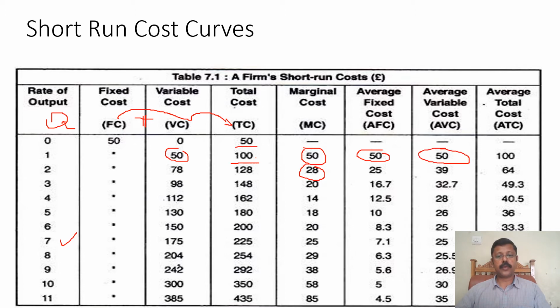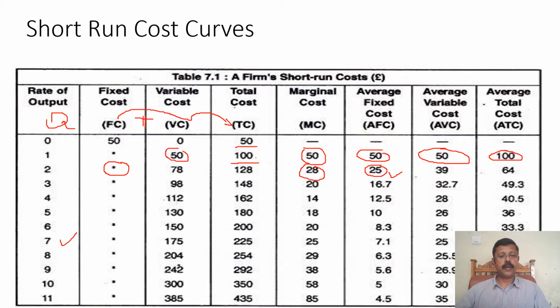Average total cost is 100 by 1, that is equal to 100. Okay. Now how do you get this 25? Here the fixed cost is how much? 50, because at all levels it is 50. Number of units produced is 2. So 50 divided by 2, that is equal to 25.